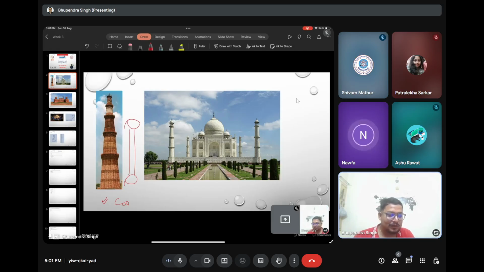This is your O2 molecule. It was like this, I have just tilted it like this, just similar to Qutub Minar. Just tell me now. C2 is there. Yes, C2 is there. This is your C2. So here C2 is present. Now you have found one C2, right?